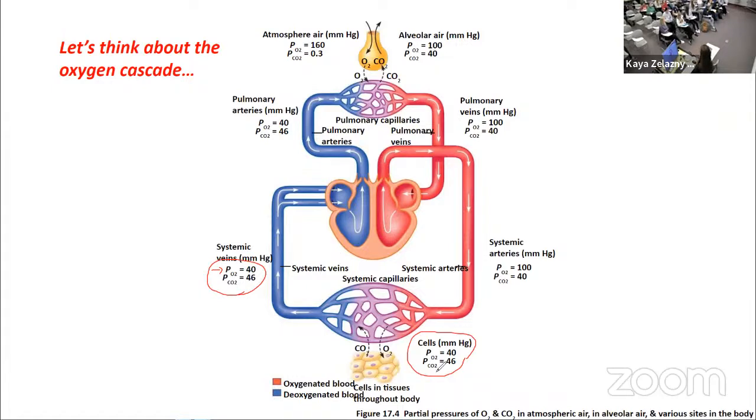Carbon dioxide, same idea, just reverse direction, right? So we had a higher partial pressure of carbon dioxide in those cells. So it was 40 in your alveoli and the arteries, 46 in the tissue, which lets it push that extra carbon dioxide into the blood. So we match that 46 value. And now we have a partial pressure of carbon dioxide of 46 in the systemic veins.